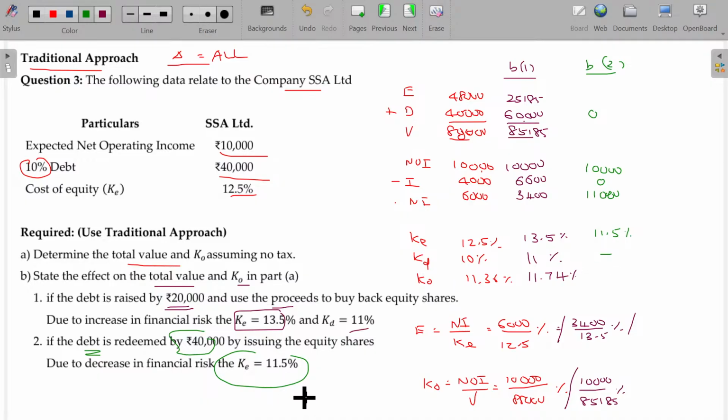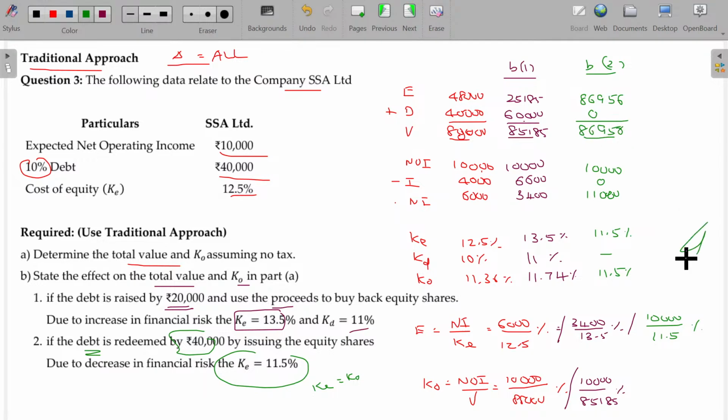You know that in case of an unlevered firm, KE is equal to KO, so this will be 11.5 percent. Is that okay? Now we can find out the equity. 10,000 is for the equity shareholders and the equity cost being 11.5 percent. What is the ultimate value? 86,956. The total will also be the same.